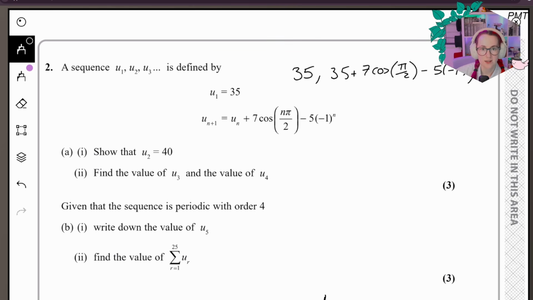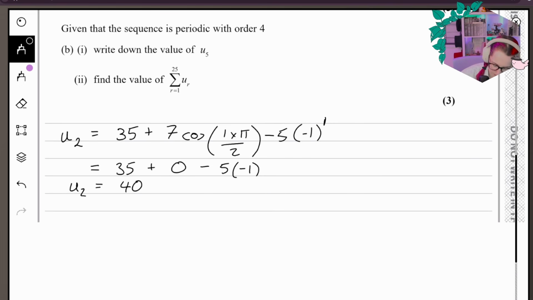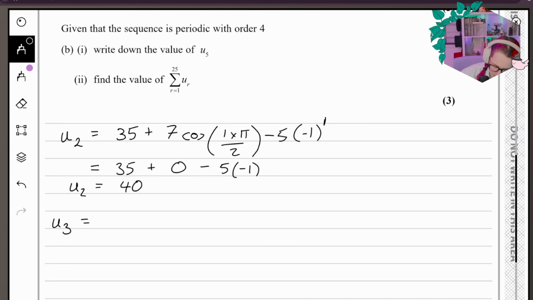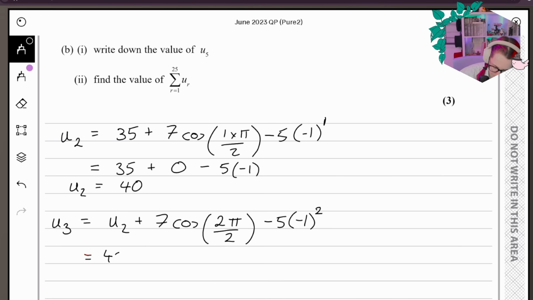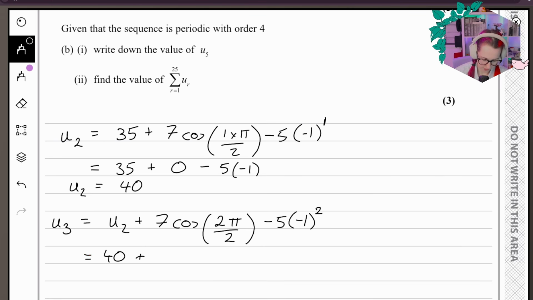Part 2 of this question then is find the value of U3 and the value of U4. So U3 is going to be U2 plus 7 cos 2 pi over 2 minus 5 times minus 1 to the 2, which if we plug in, we get 40 plus, so cos of pi is minus 1.